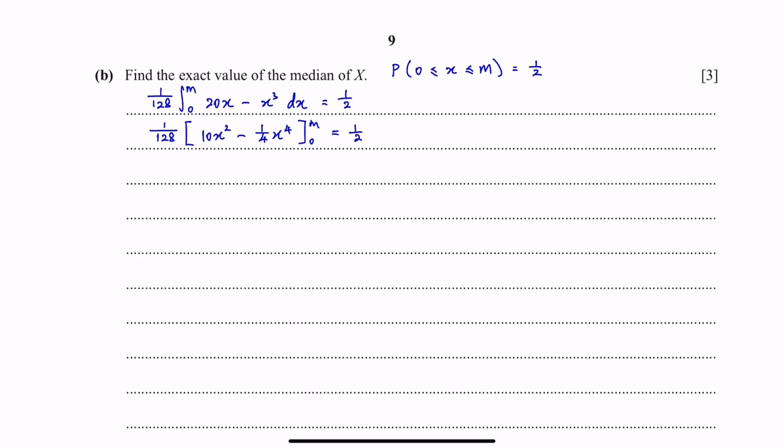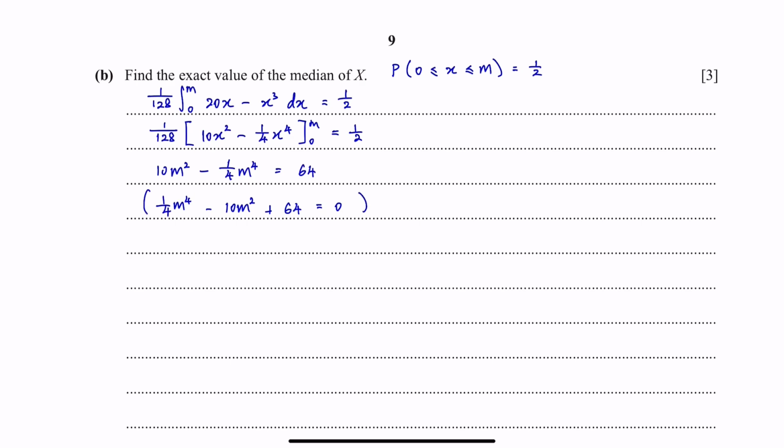So now I sub the value m into x. So I have 10m squared minus 1 over 4m to the 4 equals 64. Rearrange the equation. I would have 1 over 4m to the 4 minus 10m squared plus 64 equals 0.